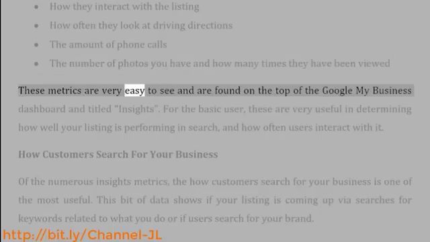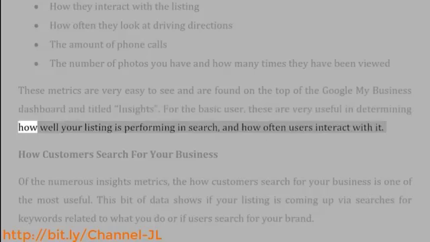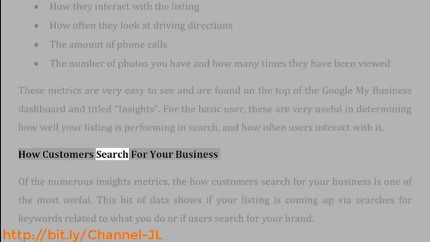These metrics are very easy to see and are found on the top of the Google My Business dashboard, titled Insights. For the basic user, these are very useful in determining how well your listing is performing in search, and how often users interact with it. How customers search for your business.